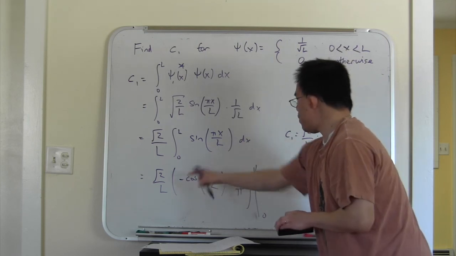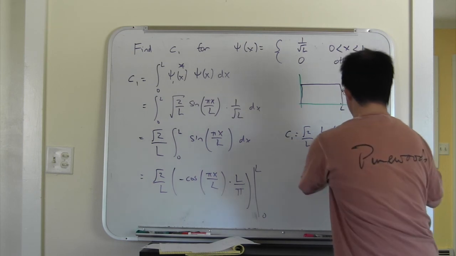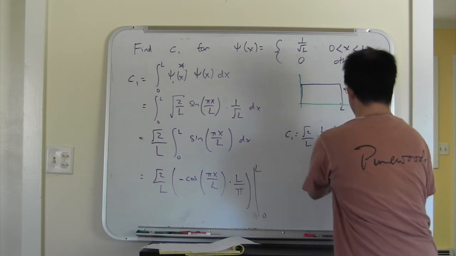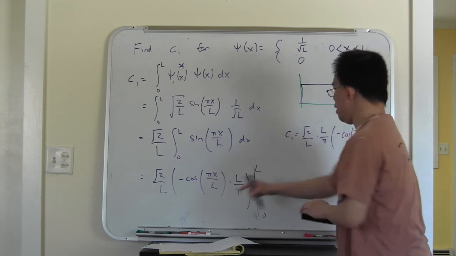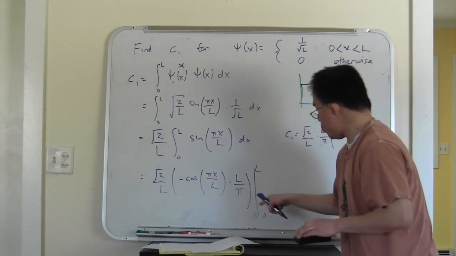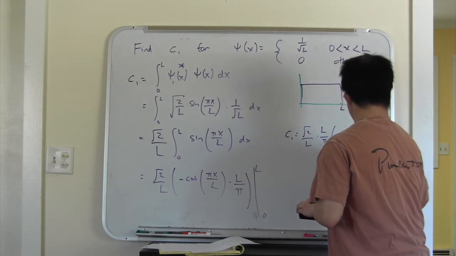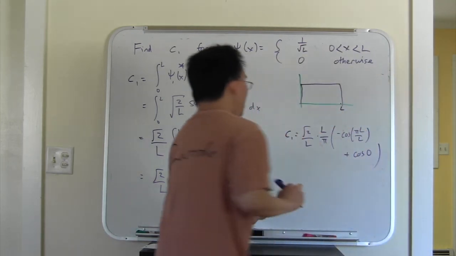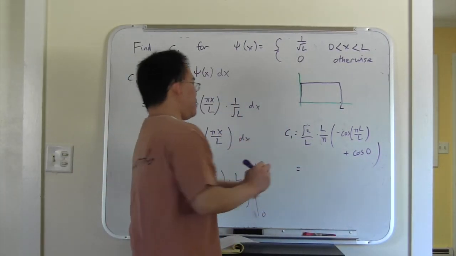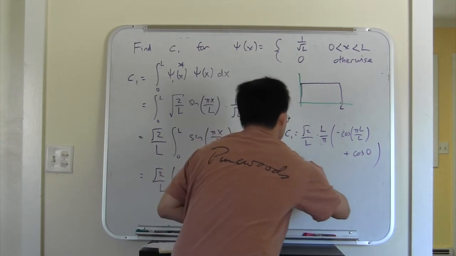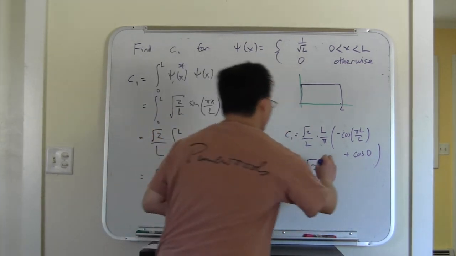So now I have minus cosine pi L over L. And then minus this whole thing evaluated at 0, which is a plus cosine 0. Now you know that cosine 0 is equal to 1, so let me just simplify this. I have my L's canceling here, so I end up with a root 2 over pi.